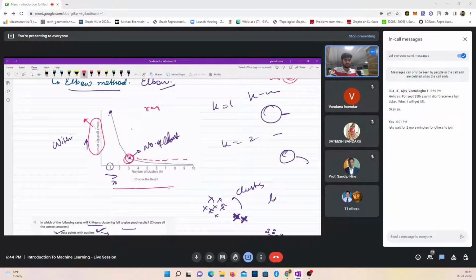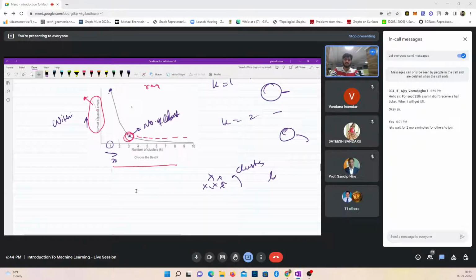So elbow method is just one technique. I won't name any method, but what I'm saying is, what is the basic idea behind elbow method? This elbow method is based on an idea that beyond this point, the decrease in this sum of square is not very large. So you can come up with a method so that you can guarantee this thing.